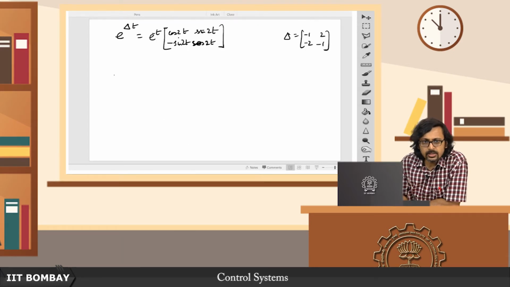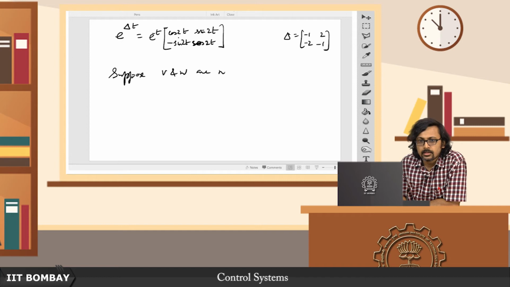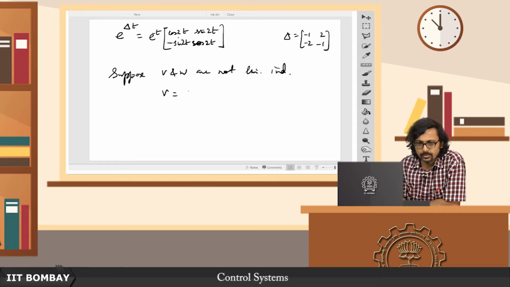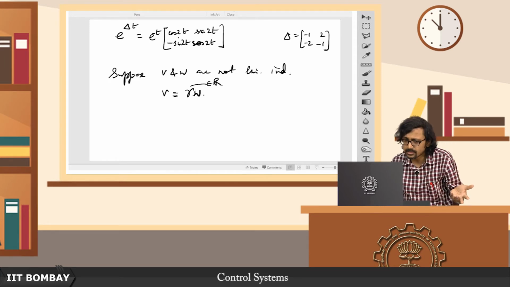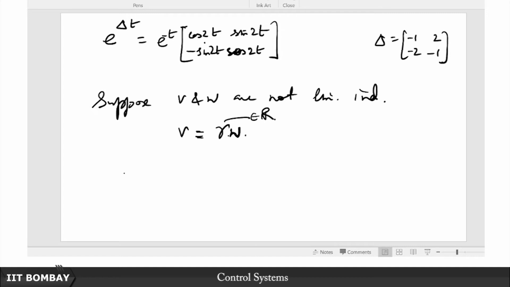Now suppose they are not linearly independent, then what happens? Then V is equal to some gamma times W, and because they are real vectors, this gamma must also be a real number. That is the only way they can be linearly dependent. If that is so, then look at the original equation.